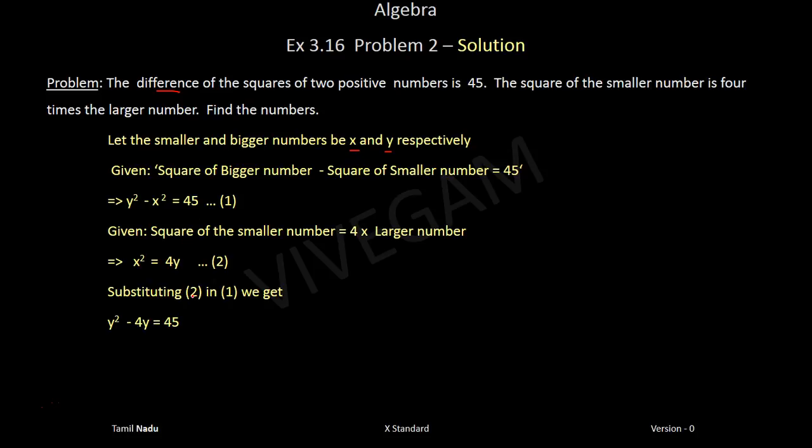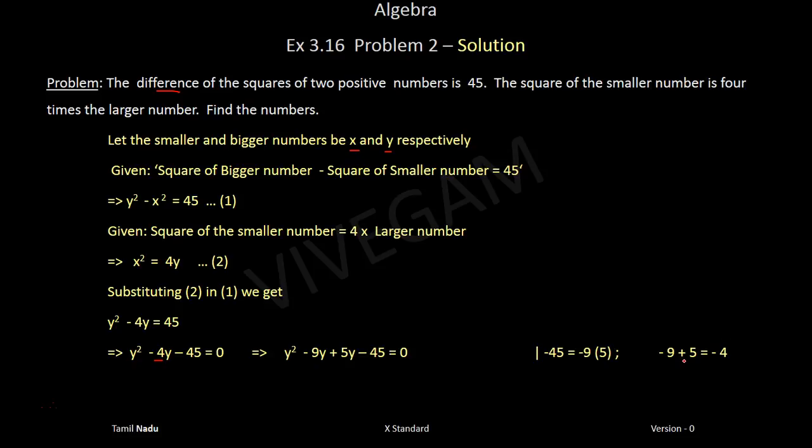Substituting 2 in 1, we get y square minus x square, which is now 4y, equal to 45. So this will be y square minus 4y minus 45 equal to 0. The constant is minus 45 and the coefficient of y square is 1. So minus 45 must be split in such a way that when you add, you get minus 4. Minus 45 is minus 9 into 5, and minus 9 plus 5 is minus 4.